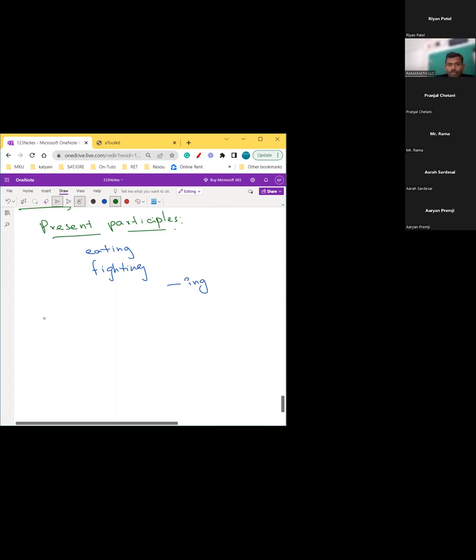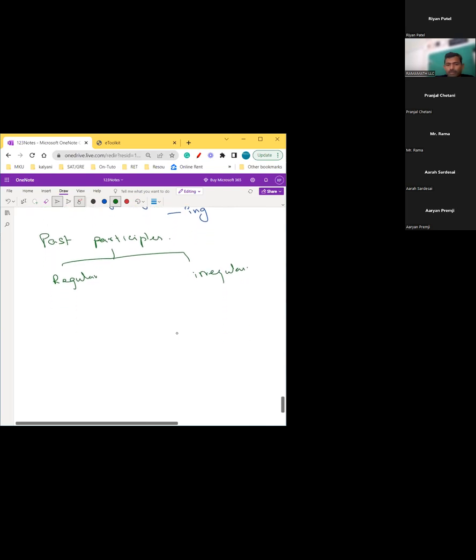Next one is the past participles. They have two categories in this case. One is regular, and the other one is called irregular.